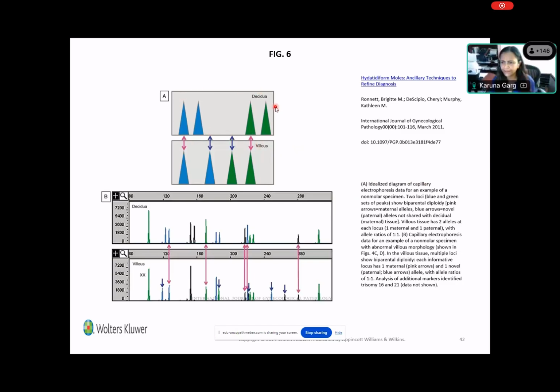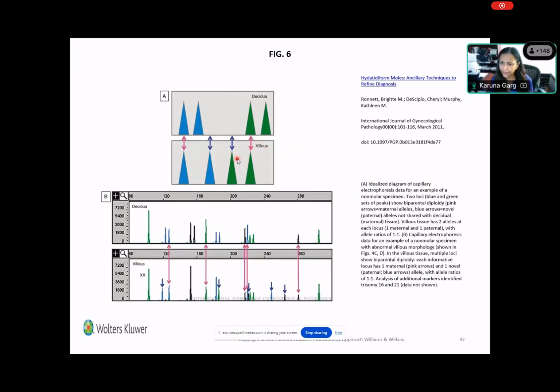So you take the decidua, which is mom, you take the villi, which is fetus, and then you compare the alleles on both. So here, this is a non-molar specimen. You can see one copy of the villi matches with one copy of the decidua, so one copy is coming from mom.